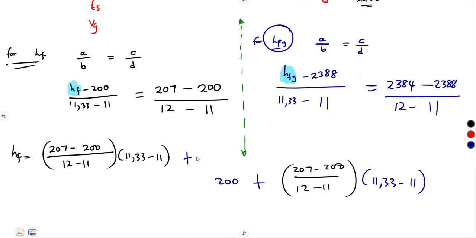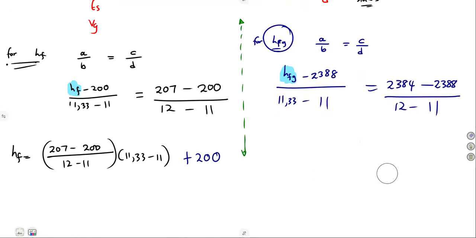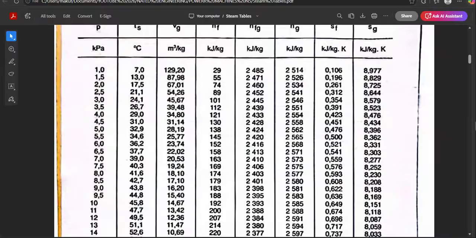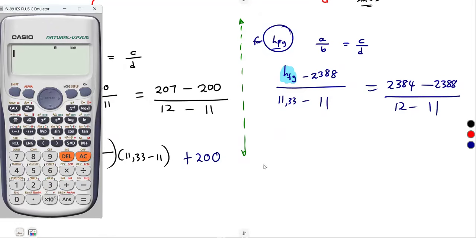The 200 there is going to be added to my answer. So that is the condition that you are simply going to have at the end. So your HF is calculated from this, all right? So that is what you're simply going to have, guys. You can have that value, which was corresponding at 11,33, the one that we're not having.